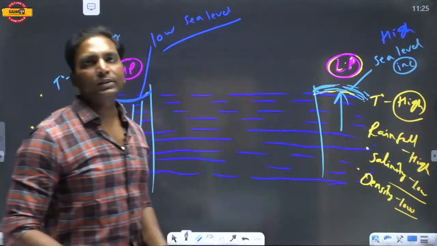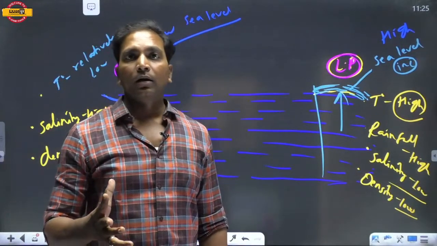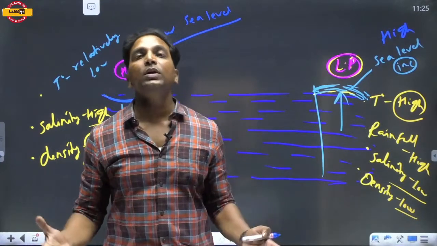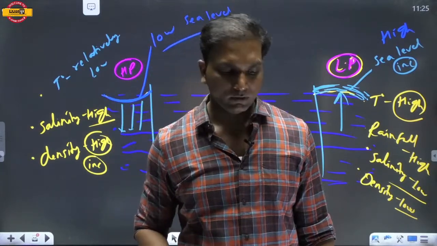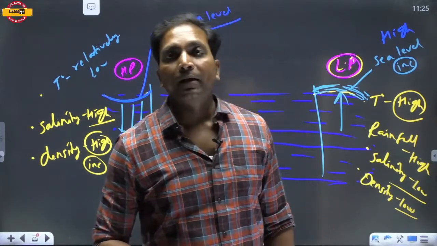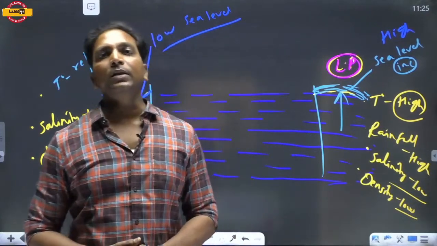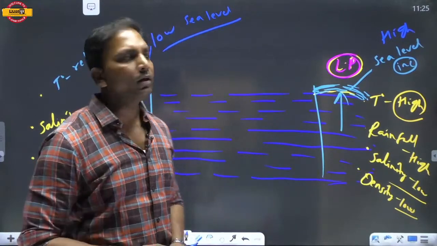And these variations of the sea level tend to move the water from one place to another place, and that is an actual transportation of water from one place to another place. Getting the point? It creates movements of water from one place to another, and the actual transportation of water is what is called the current.